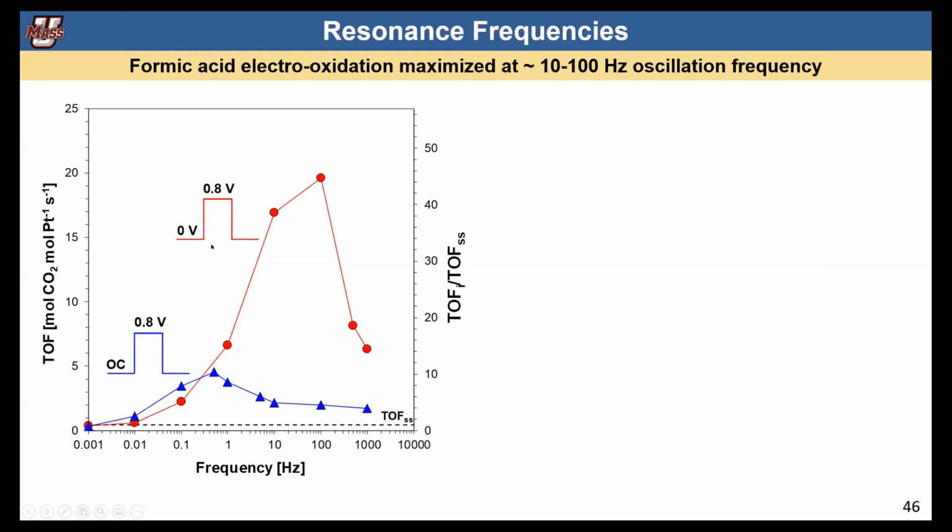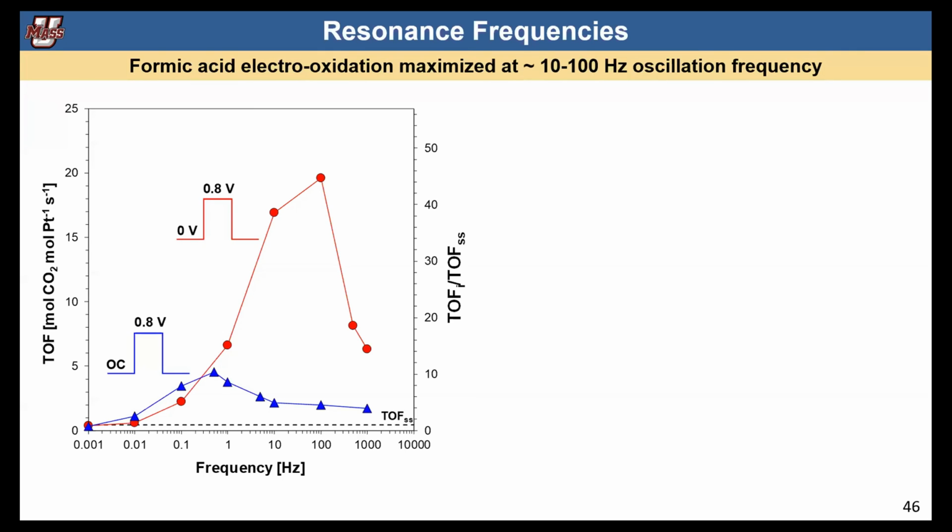But for hardware reasons, you have better control over the frequency with the red data over here. So focusing on that red data, what we're seeing is that anywhere between a frequency of 10 and 100 hertz is where we appear to be maximizing the turnover frequency for this reaction, reaching about a factor of 50x over the steady state rate at 0.8 volts.